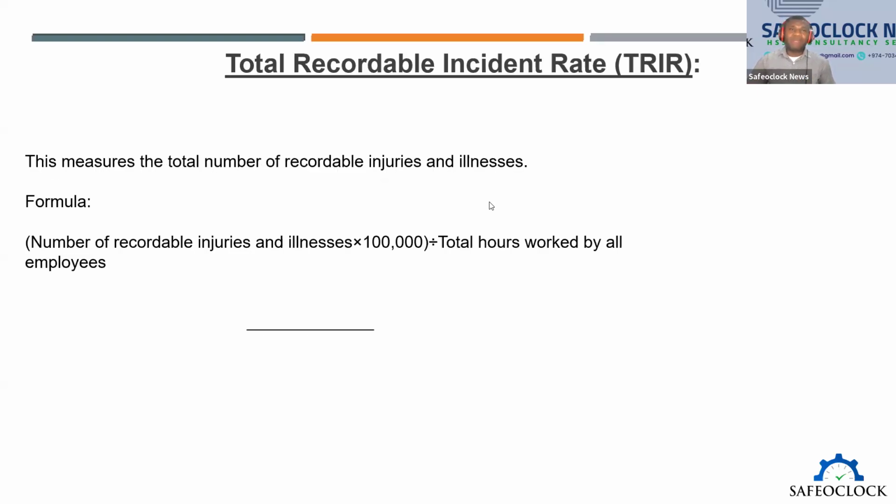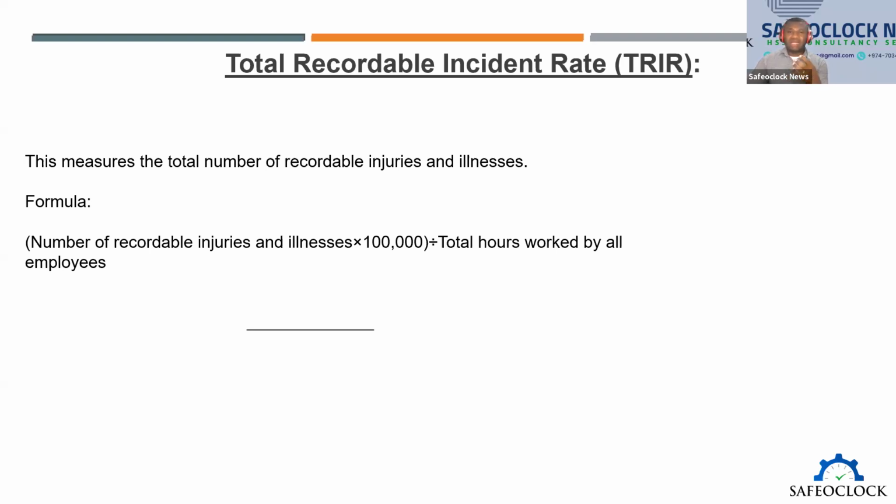Then the other parameter that we usually calculate is known as total recordable incident rate. The TRIR is a calculation that helps us to know the total number of recordable injuries and illnesses that occurred in the workplace.